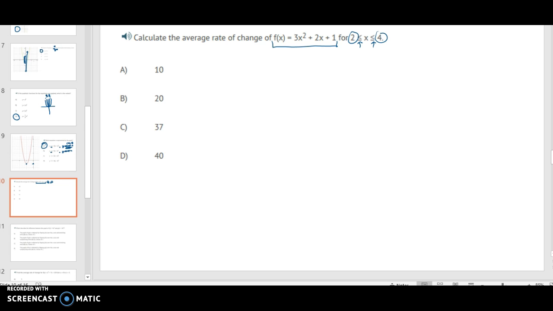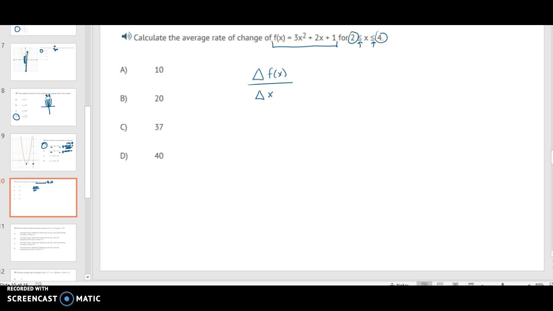So all that means is the rate of change is the slope. It's the same thing. So it's your change in f of x or change in y all over your change in x. So we have to find what the y values are because it only gave us the x values here.